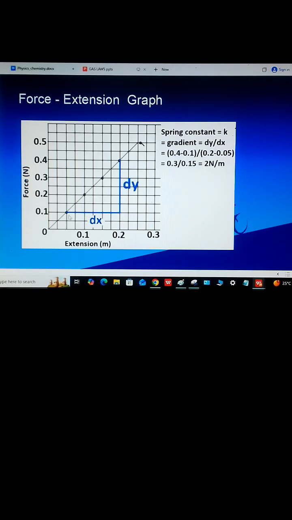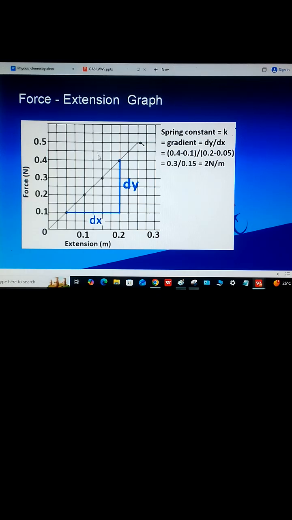Divided by change in x, which is 0.2 meters here, subtract 0.05 meters. So you get 0.3 divided by 0.15, you get 2 newtons per meter. So 2 newtons per meter is the spring constant for the force extension graph.